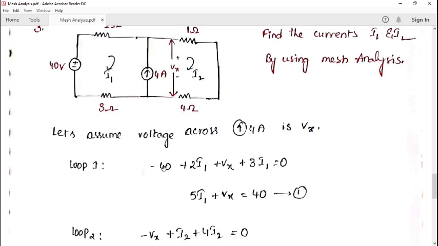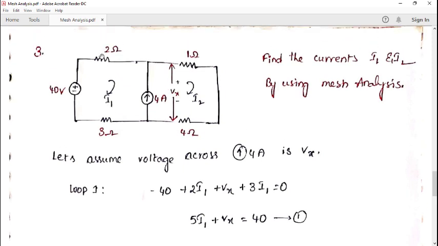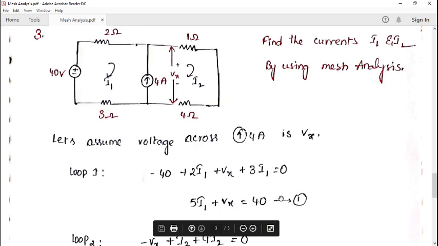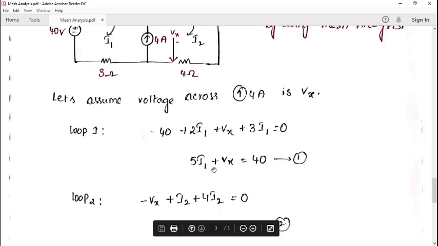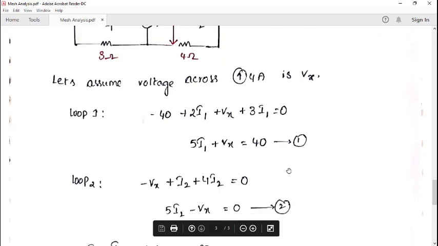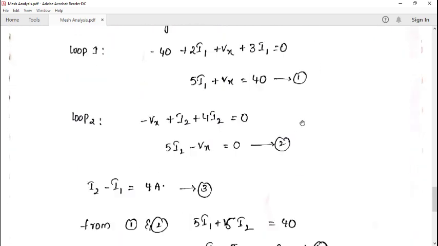So let us write loop equation. Starting from here, we are moving in clockwise direction. Minus 40 plus 2I1 plus Vx plus 3I1 is equal to 0. So we got 5I1 plus Vx equal to 0, which is, let us treat it as first equation.